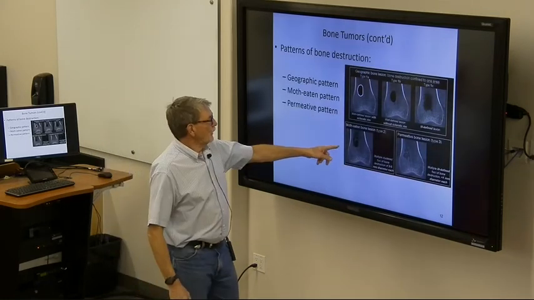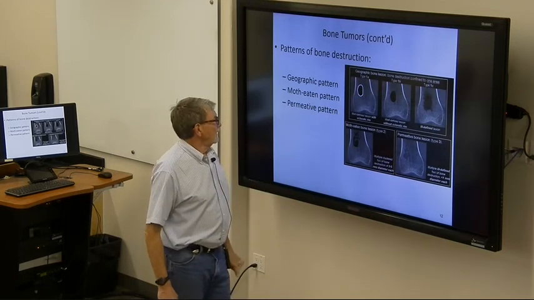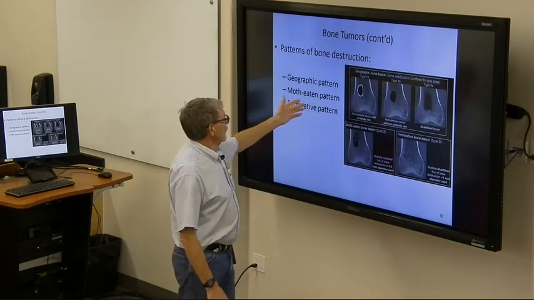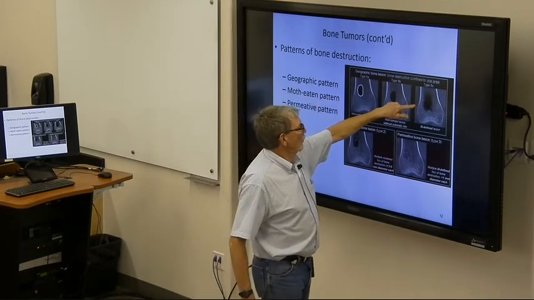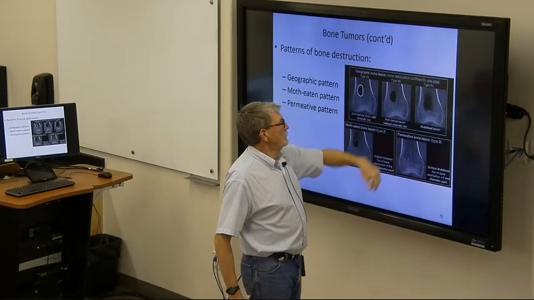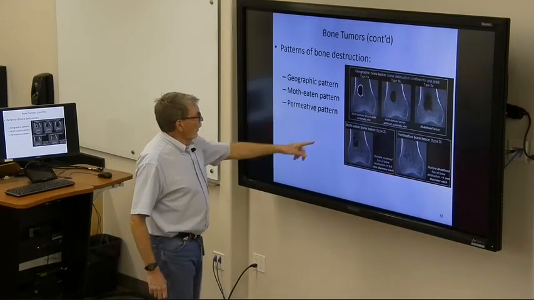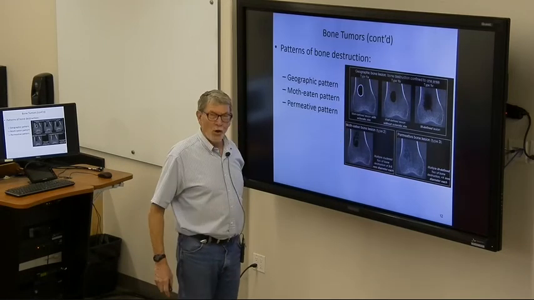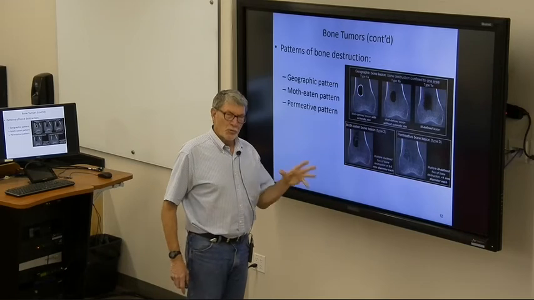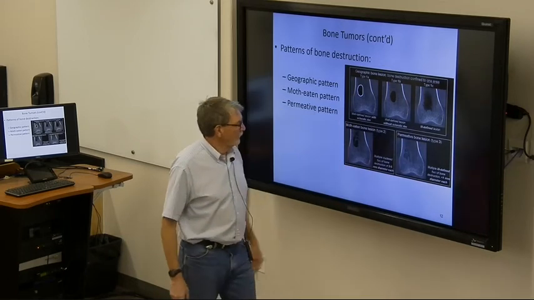Bone tumors take on a couple of different kinds of flavors. Here we have what they call the geographic pattern, which looks like a lake or the state of Georgia or something. Moth-eaten lesion has a bunch of relatively big holes in it, like your favorite sweater that's being eaten by moths.